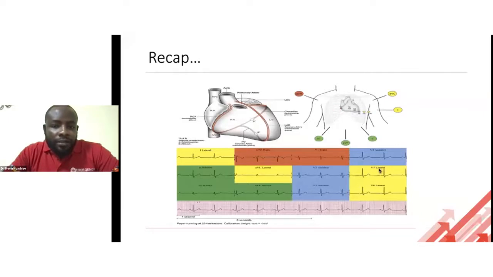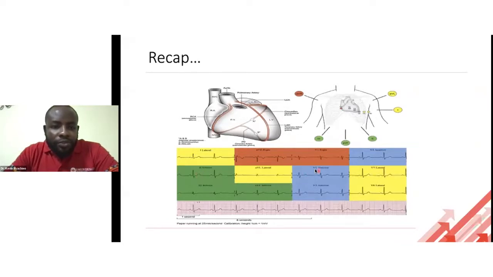Leads V5, V6, when they're placed on the chest, are usually towards the lateral, towards the left side. So these are your lateral leads. Leads 2, 3, AVF, as you can see here, are usually towards the floor. AVF, F, I tend to think about it as foot. So 2, 3, AVF, inferior. These are the inferior leads, okay?